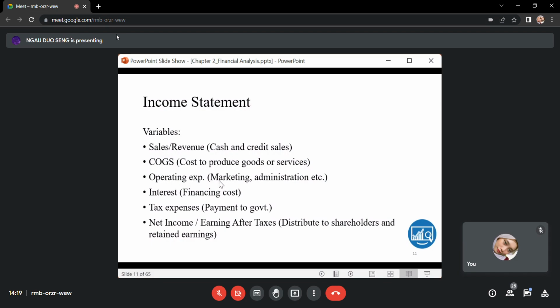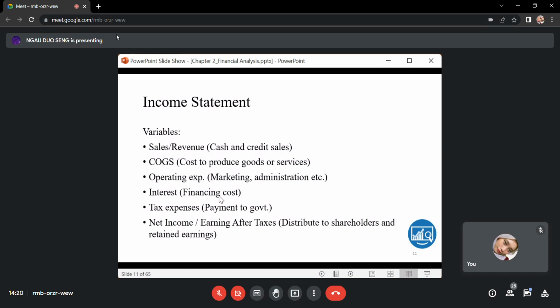Marketing, kalau you ada marketing event, you distribute flyers, you appoint spokesperson. Administration, you pay for utilities like electric bill, water bill, Unifi, then pay salary also yang penting, bayar salary.